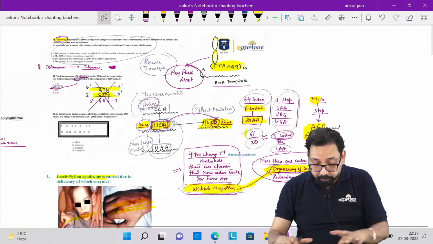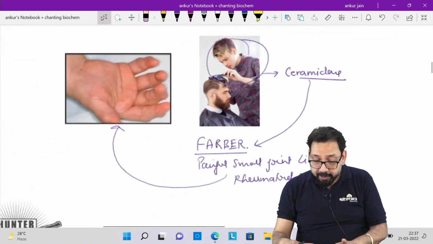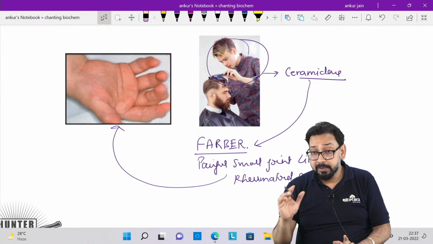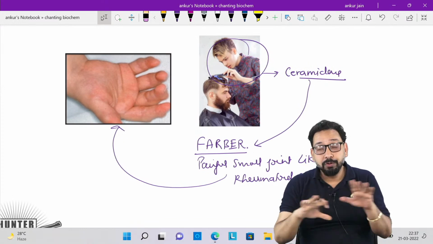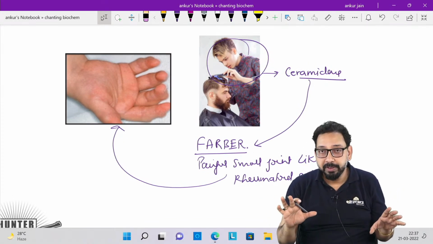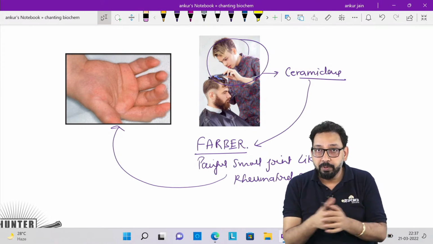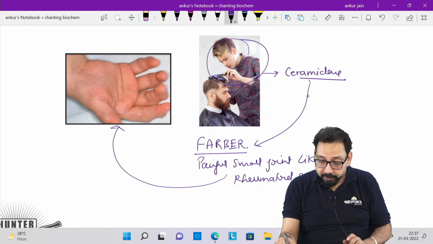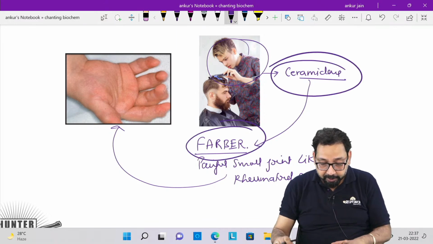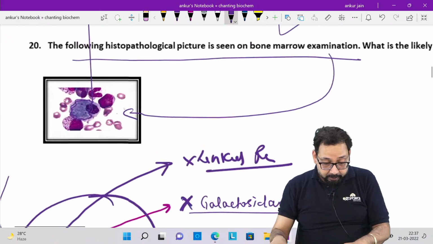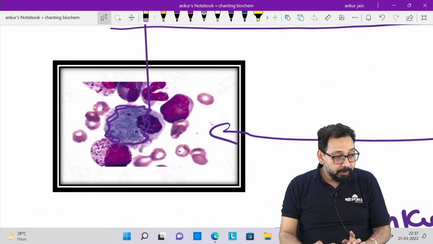Farber disease, hair on the head, ceramidase. In a clinical question, many points will be given and you will find small joint pain like rheumatoid arthritis. The answer would be ceramidase deficiency, Farber disease. Gaucher disease, crumbled tissue paper appearance.